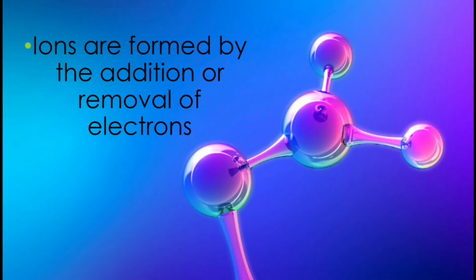Ions are formed by the addition or the removal of electrons, like either the atom loses an electron or the atom gains an electron. By this, the ratio of electrons and protons couldn't be the same. When the ratio of protons and electrons is disturbed, then ions are formed.